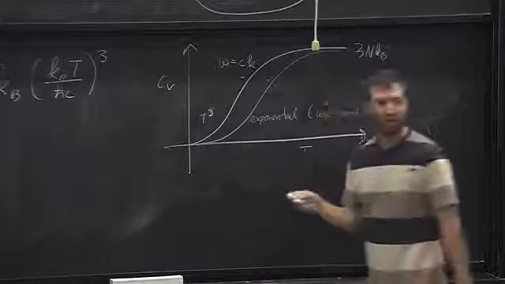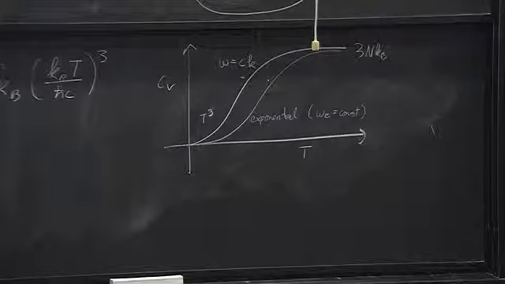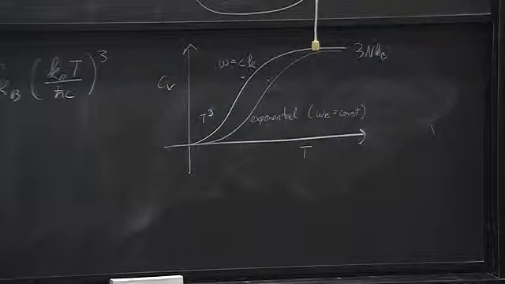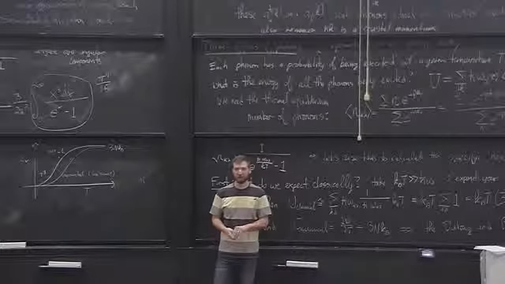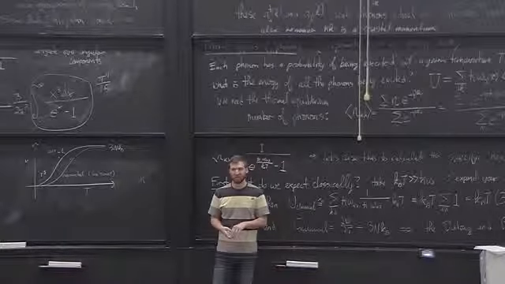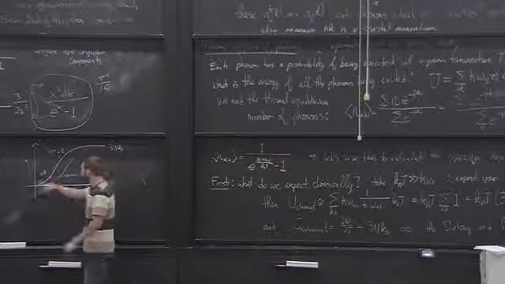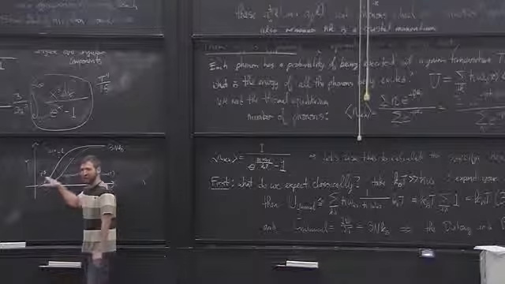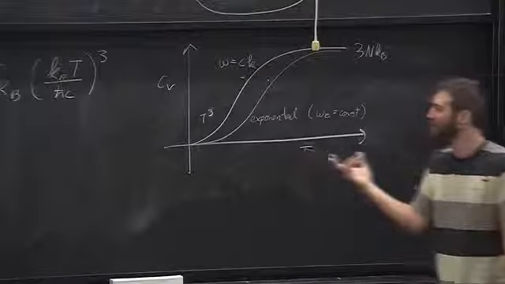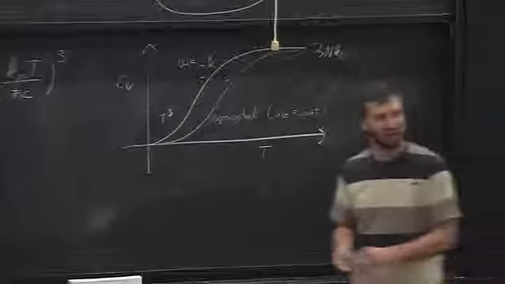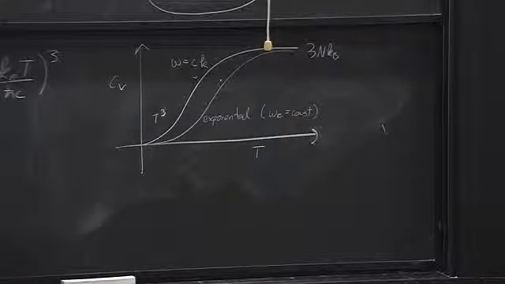So even if you look at one of those other branches, you'll still get a low temperature behavior that's different than the classical limit. And so that's the important point. So this low temperature behavior is actually a manifestation of quantum mechanics, a very clear manifestation of quantum mechanics.